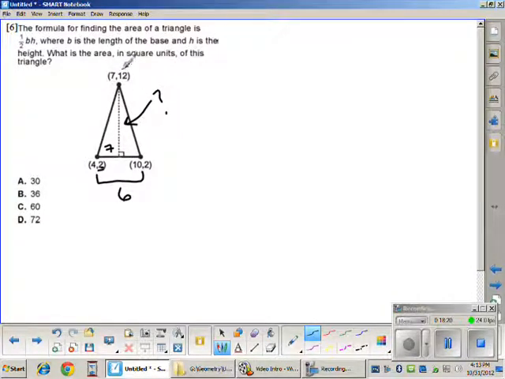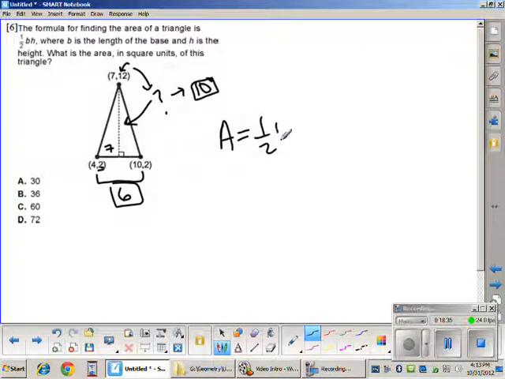So the area being 1/2 base times height results in 1/2 times 6 times 10, direct substitution. 10 is my height, 6 is my base. So I'm looking at 1/2 times 60, which should just be 30. So looking at A as the answer.